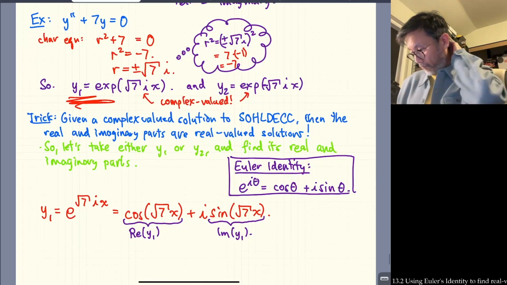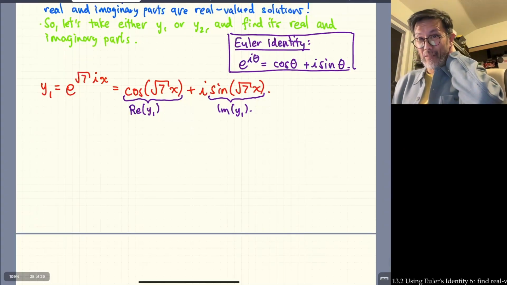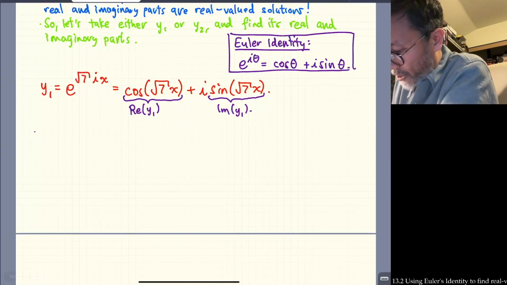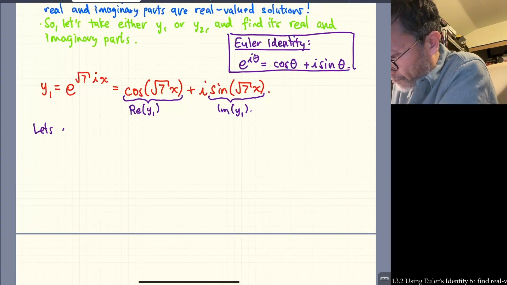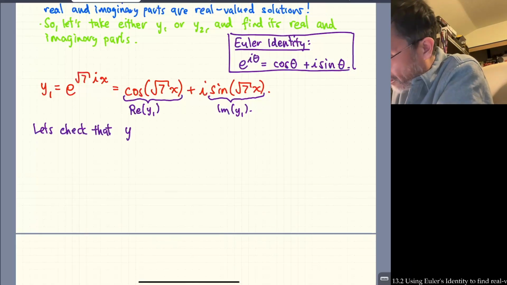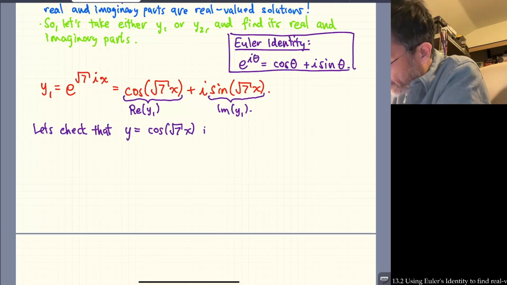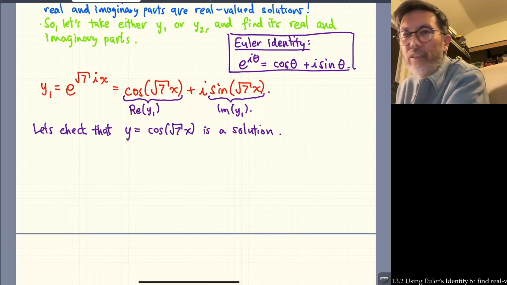Let's check real quick that y, maybe I'll just call it y equals cosine of square root of 7 times x, is a solution. And I'll let you check the other one because it's very similar.